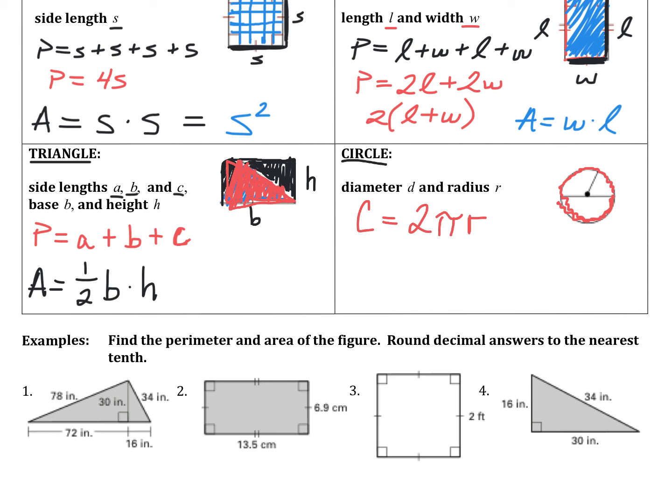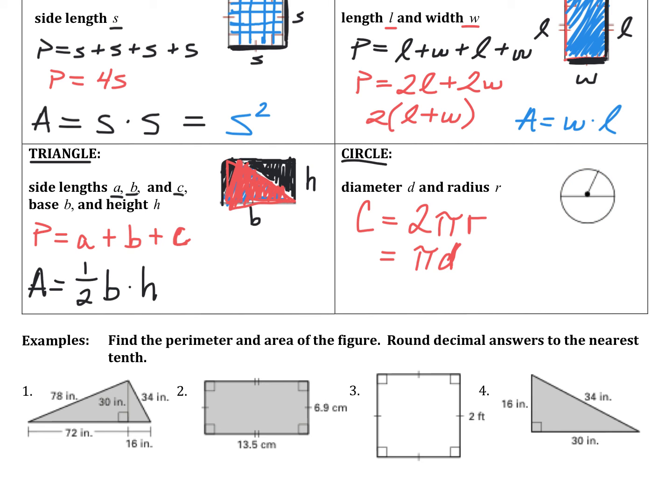Or since 2r is equal to the diameter, if you double the radius you get the diameter, we could think of the circumference as being pi times diameter, or pi times d. So in that case, what I'm saying is, if I take this length in my circle, this diameter, and stretch it out about 3.14 times, because that's my decimal version for pi, it's going to stretch all the way around my circle perfectly.